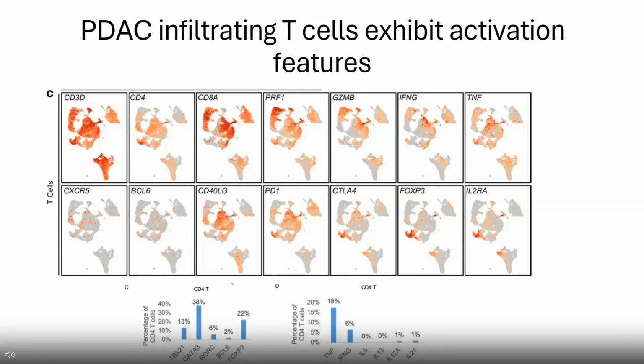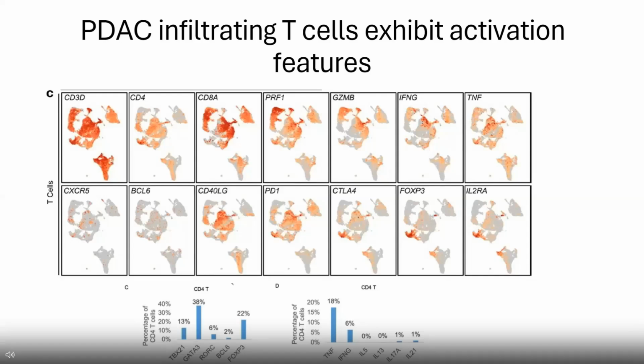Similarly for CD4 T cells, we also see the expression of many other markers, such as in the bar graph at the bottom and the highlighted heat map picture, including a key Th1 cytokine profile, with the transcription factor TBX21 and also the cytokines TNF and interferon gamma.